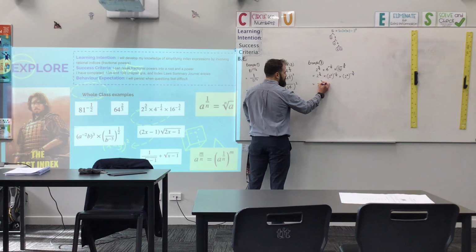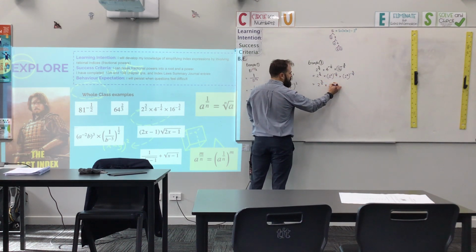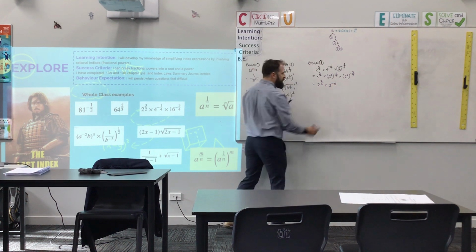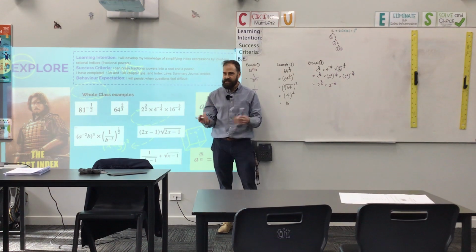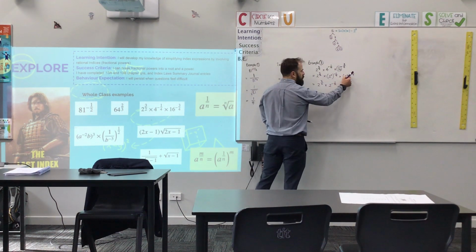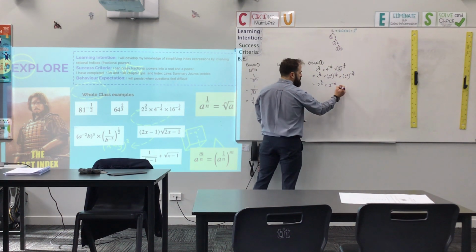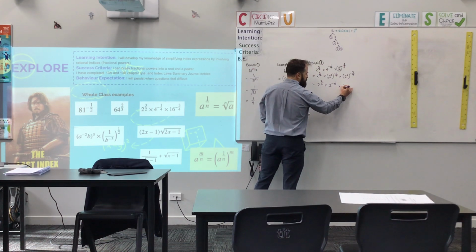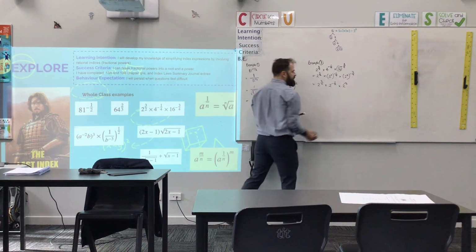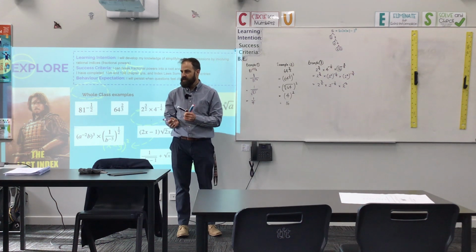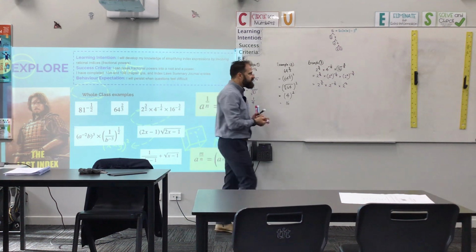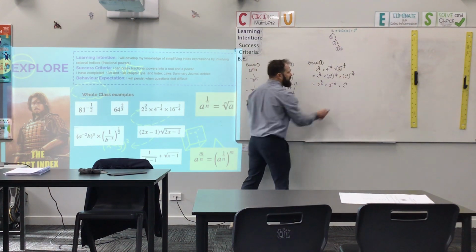So I haven't done anything with that first one, but the second one's going to be 2 to the power of -1/2. How come it's -1/2? Because 2 times -1/4 is -1/2. 4 times -3/4 is just -3. The times by 4 and the divide by 4 cancel each other out.